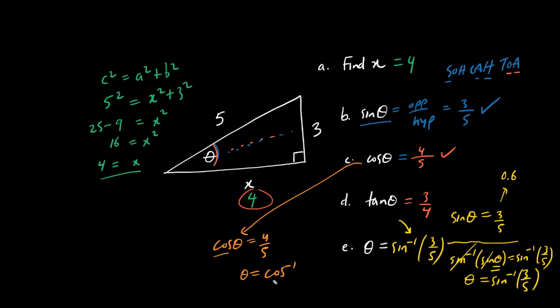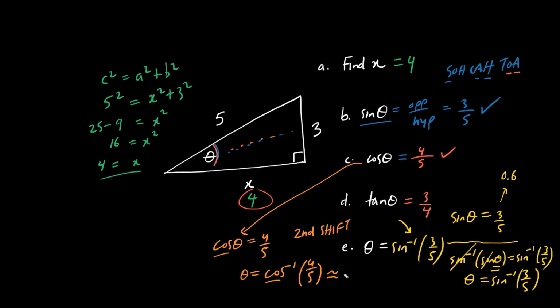This cos and this cos have to match. We find that inverse button by either hitting second or shift on your calculator, and then pressing the actual trig function. So theta equals cos inverse of the same fraction, 4/5. And the answer is going to be the same.